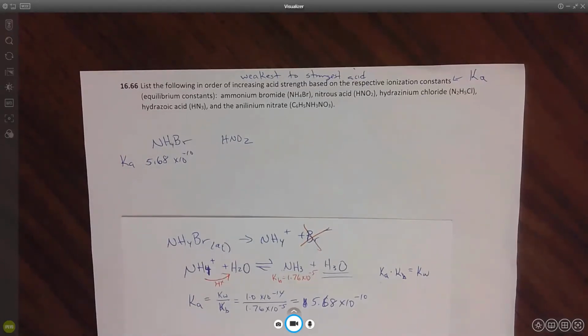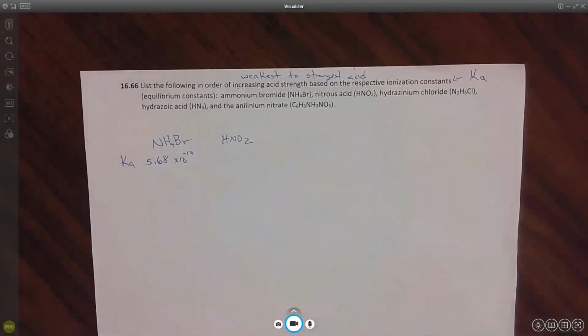Right? Are there any recognizable polyatomic ions in that formula? Nitrite, right?